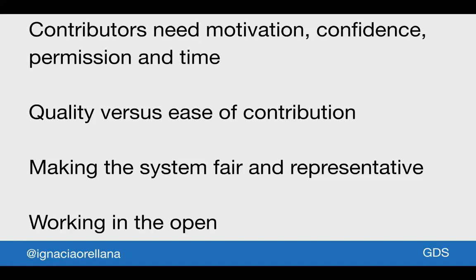Decision-making can be based on opinions, and it's not only about the design, but there's content, there's code, and there's research as well. And finally, we need to be able to work in the open, but this can also be very challenging. There's many collaborative tools like Google Docs and Dropbox Paper, but not every department can use all of these tools, so it becomes very challenging.